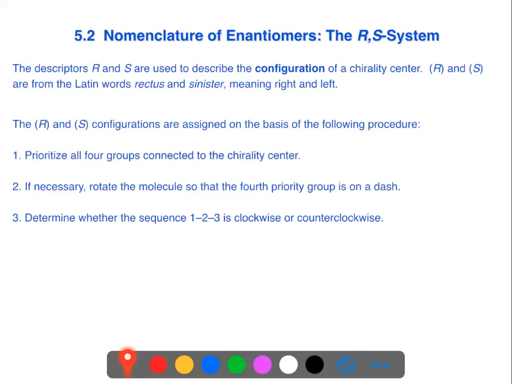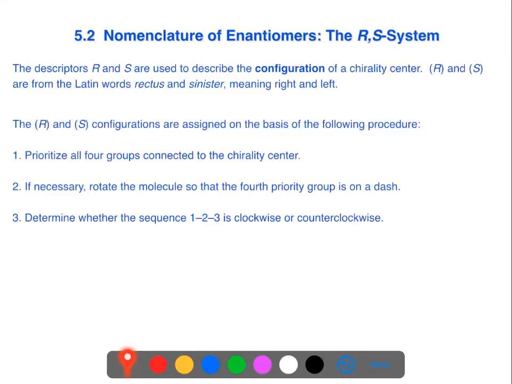If necessary, we may rotate the molecule so that we can place the lowest priority group behind the page. It makes it a little bit easier to see the remaining three groups. And then we determine the sequence. By that I mean we will go from the highest priority group to the second highest priority group and third.